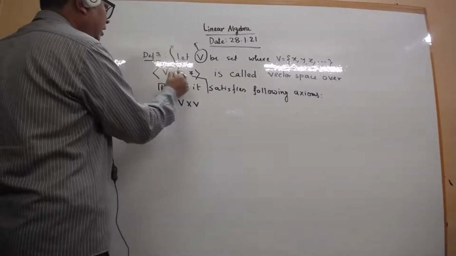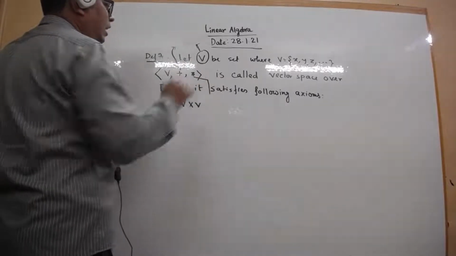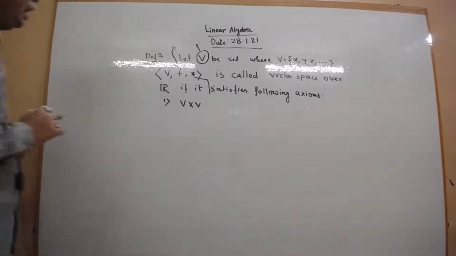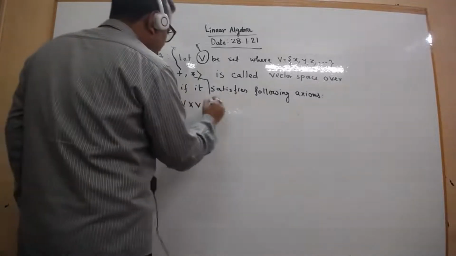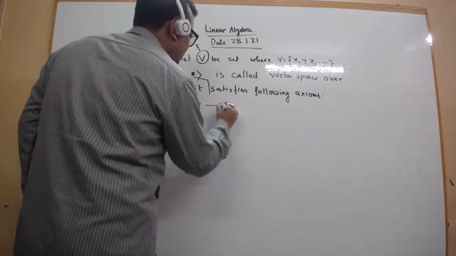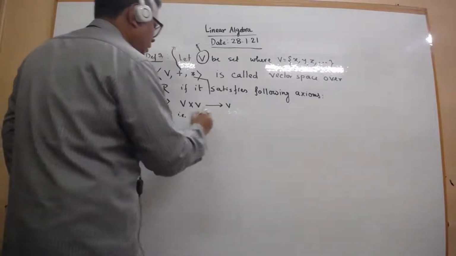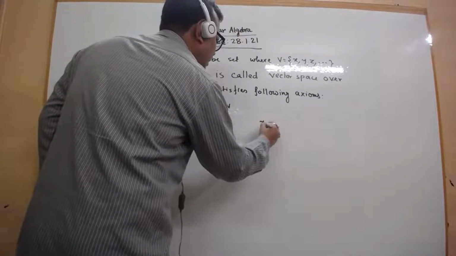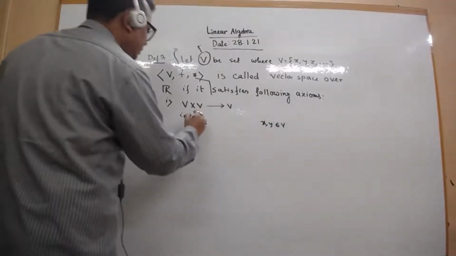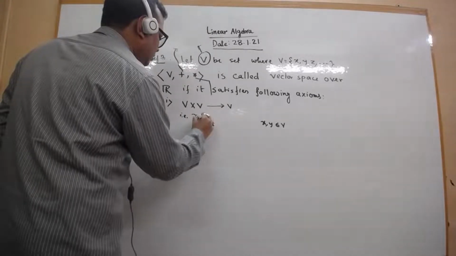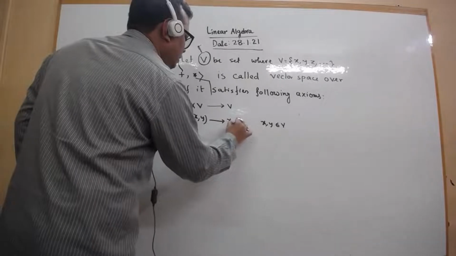means V, vector addition plus symbol and star, is called a vector space over R if it satisfies the following axioms: V cross V to V, that is, if we take any two elements x, y belonging to V, then x, y will generate x plus y.